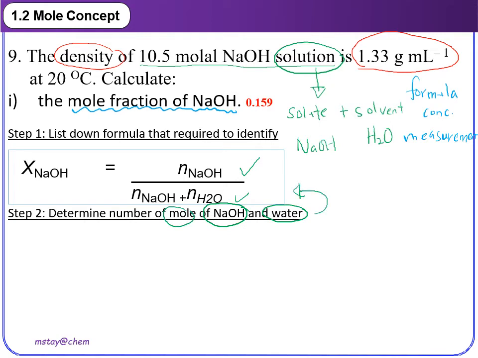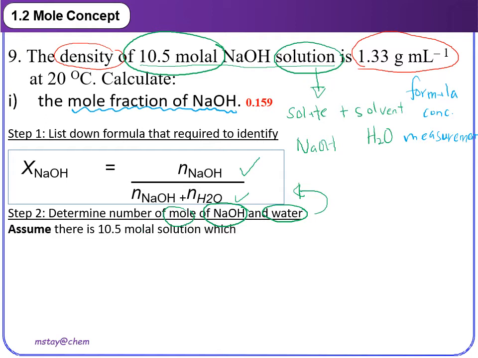However, in the question above, we are not given the number of mole of NaOH and number of mole of water directly. However, we know that we can determine the number of mole of water and NaOH indirectly from the molarity. Therefore, we have to do an assumption.